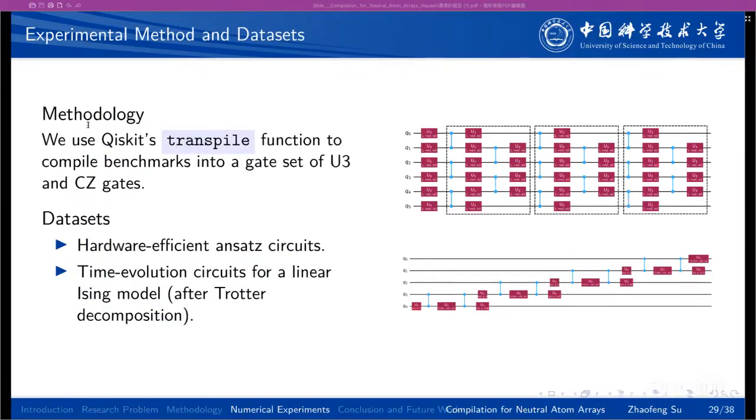So we use Qiskit to compile benchmarks into a gate set of U3 and CZ gates. For the dataset, we use the hardware efficient ansatz circuit, and then we consider a linear Ising model circuit.